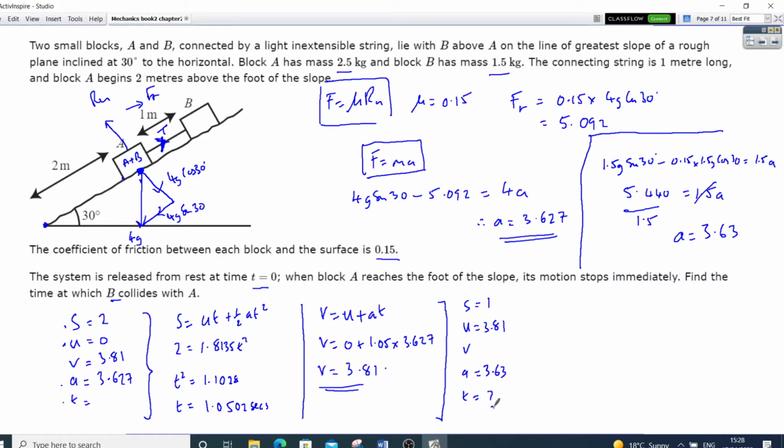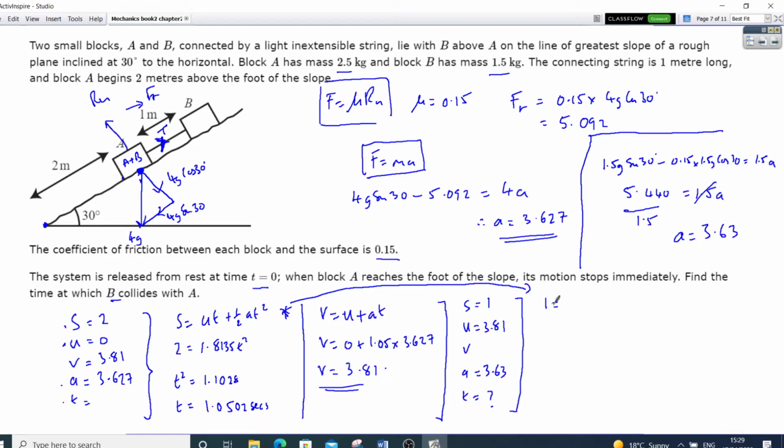Okay, and I just need to find the time now. So again, I've got s equals ut plus half at squared. Let's put it in our formula. You probably need your calculator here. So 1 equals ut. I'm using this one again, just saving time and space.